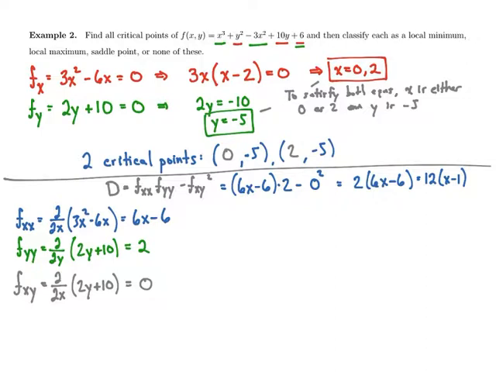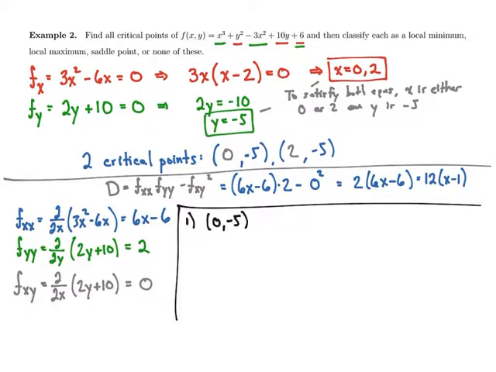All right, so now we need to think about the 2 points. So the first point is the point (0, negative 5). So we are going to plug that point into D, 12 times x minus 1.